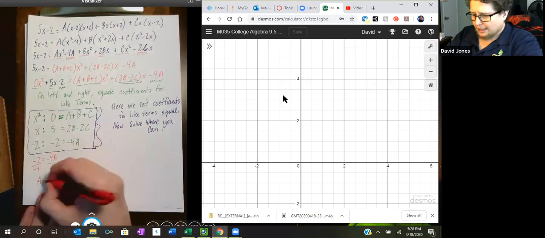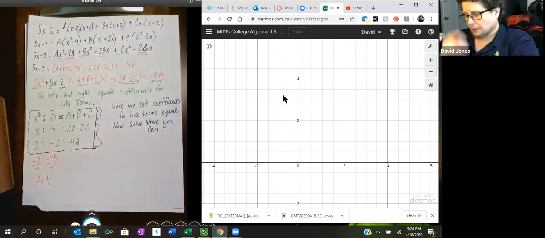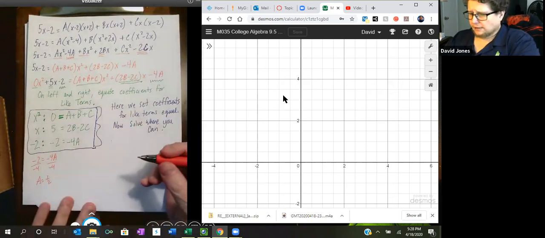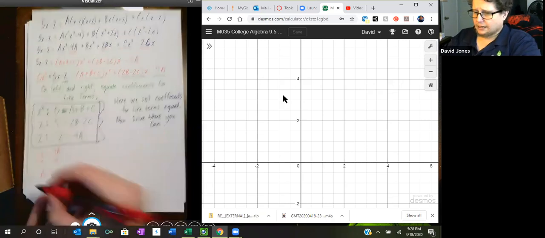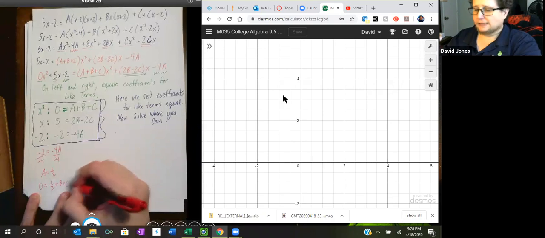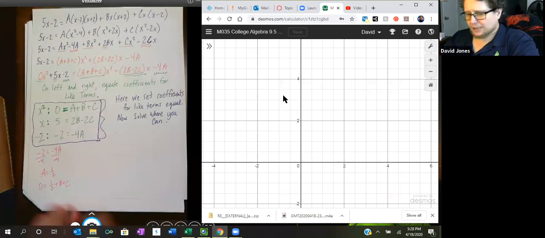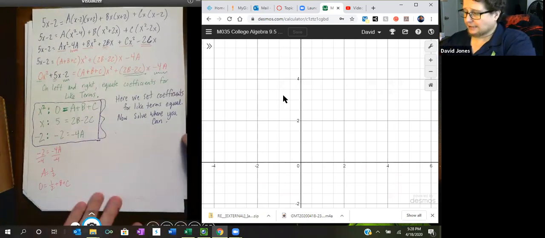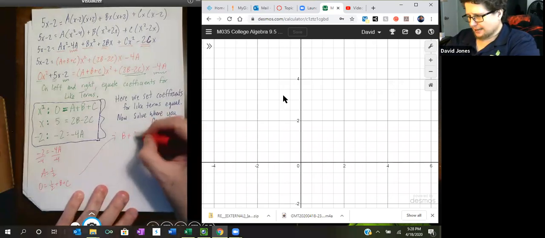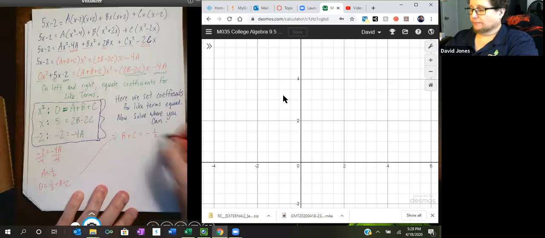We show that A equals 1/2. So I can plug that in. I get 0 equals 1/2 plus B plus C. Let's move that to the other side. And I get B plus C equals negative 1/2.